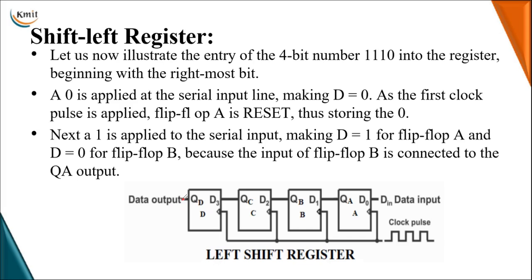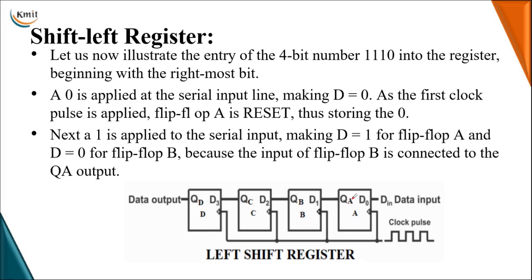From the fourth clock pulse itself, you can obtain the serial data output from the output terminal of the shift left register. The data is shifted from the right-hand flip-flop to the left-hand one, one by one. It is transferred from QA to QB, QB to QC, and then QC to QD.